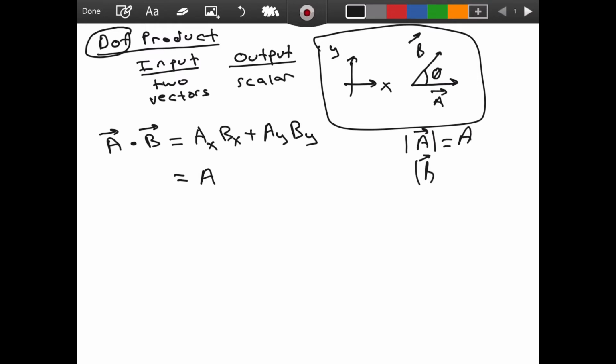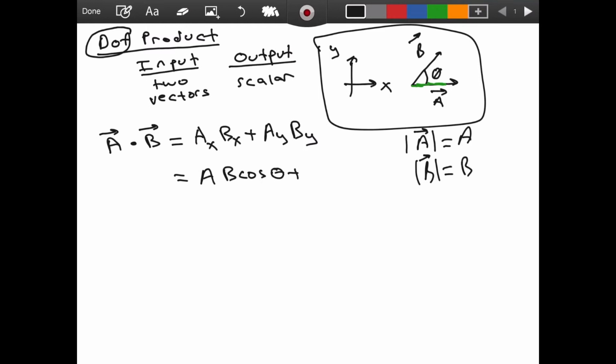To keep it short. So all of A is in the x direction. What about B? Well, when we look at B, we see that the adjacent side to the angle theta is on the x-axis. So we simply say B cosine of theta.